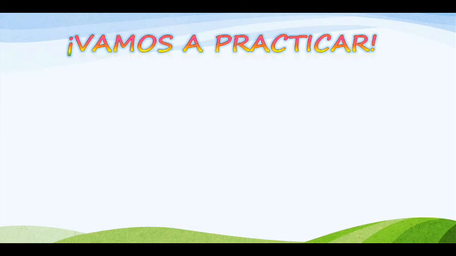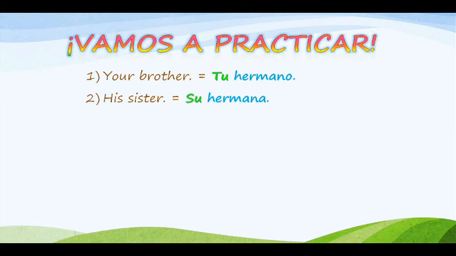Okay, now let's check your answers. Número uno, your brother would be tu hermano. You could have also said su hermano if you were trying to be respectful and use the usted form, so either tu hermano, su hermano, I didn't specify there. Número dos, his sister, su hermana. Our piñatas, nuestras piñatas.